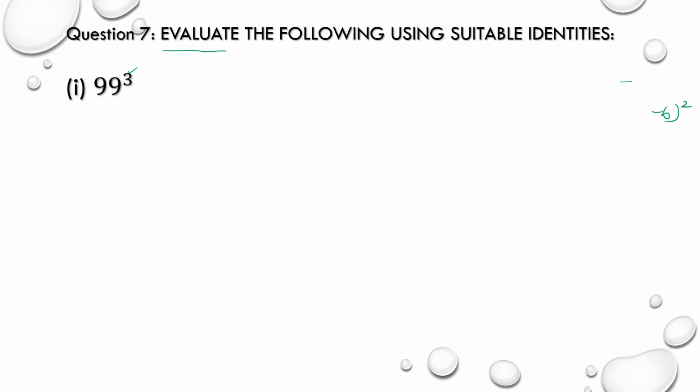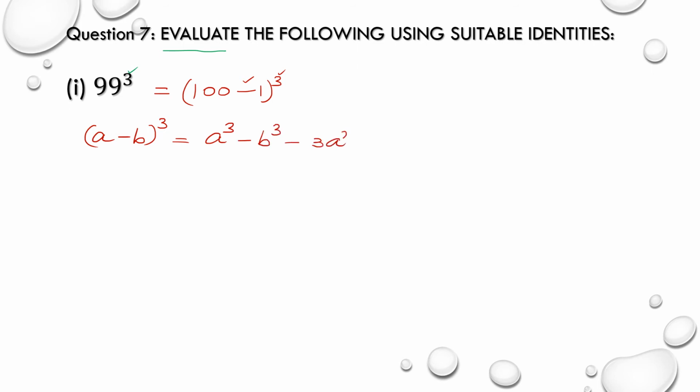So since 99 is very close to 100, what we will do, we will write 99 whole cube as 100 minus 1 whole cube, right? Now there's a negative sign and exponent is 3, so we will be applying the identity a minus b whole cube is equal to a cube minus b cube minus 3a square b plus 3ab square, right?